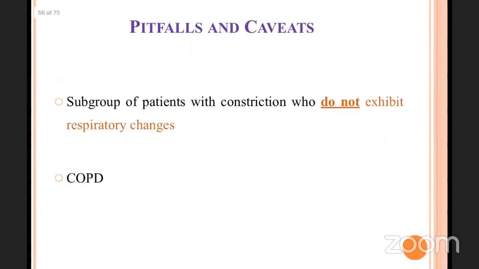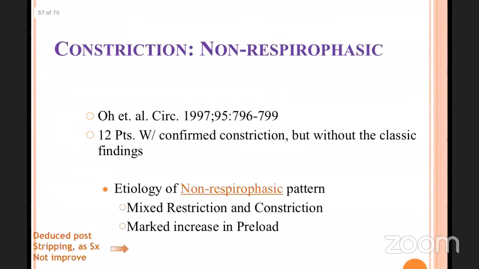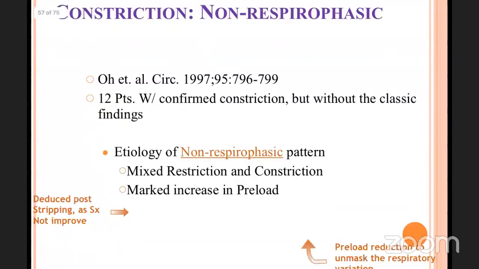Now, are all patients having increased velocities of the flow across the mitral valve synonymous with constrictive pericarditis? The answer is no. The commonest cause of increased flow variation is obstructive airway disease. Okay, we'll come back to that later. But do all patients with constrictive pericarditis show this respirophasic abnormality?